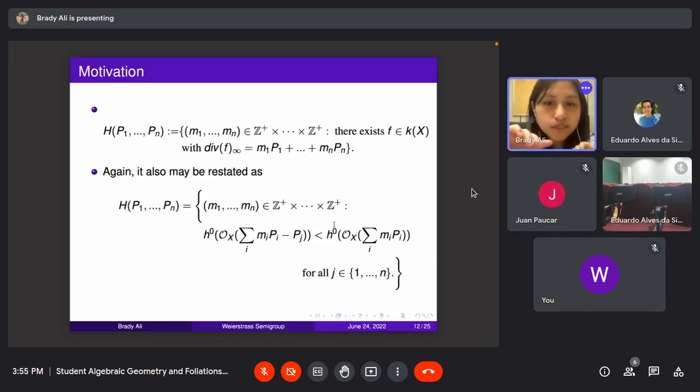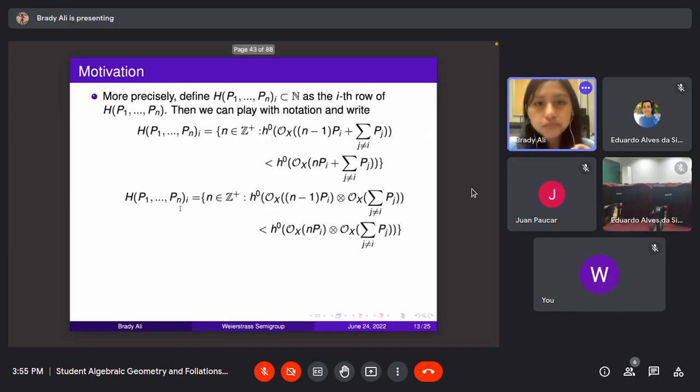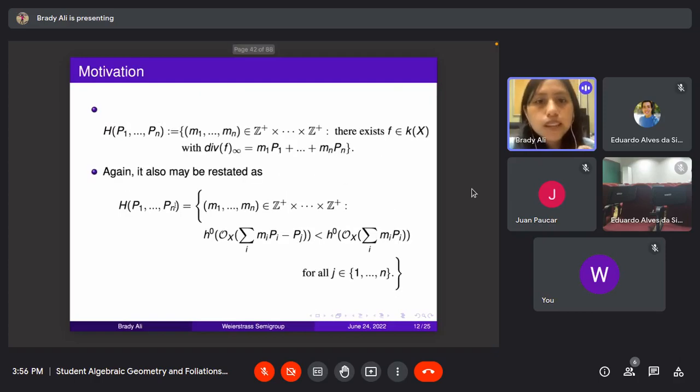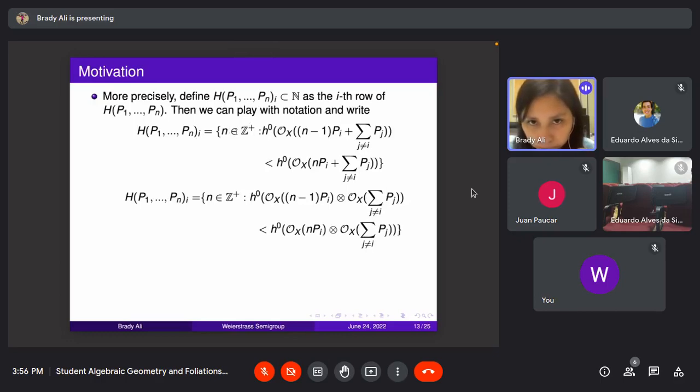Now we can also define the ith root of this definition. So we define the ith root of this set. This will be equal to the positive integers such that the dimension of the space O_X(n-1)P_i plus the sum of all the points P_j where j is different from i is less than the dimension of the space O_X(nP_i) plus the sum of the points P_j where j is different from i.